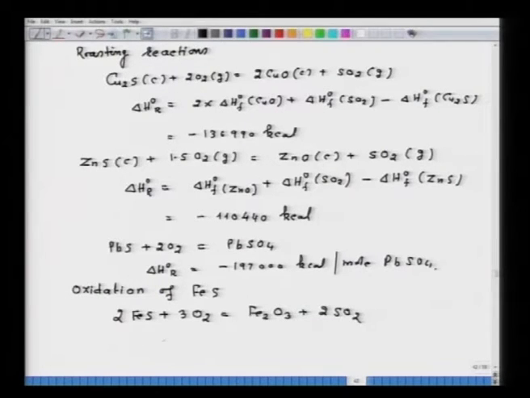Here delta H naught R is equal to minus 292,000 kilocalorie, this is per mole of Fe2O3. So, you note these are the orders of magnitude of the heating value that will be generated during roasting.